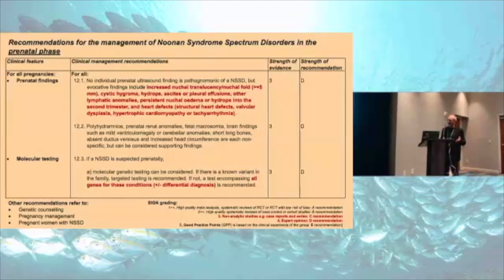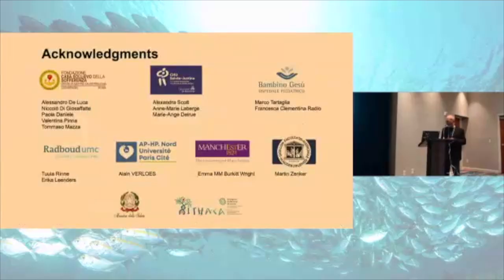These are supporting findings, and they are useful when they are combined with other features. And molecular testing should encompass all the genes plus or minus those in differential diagnosis. So thank you very much.